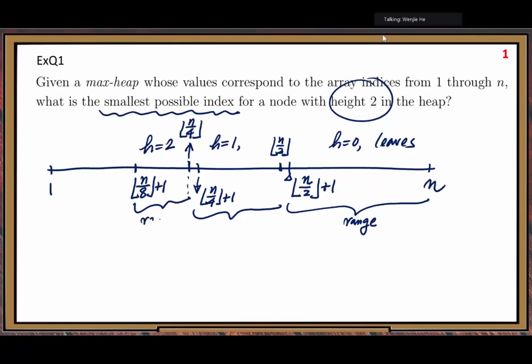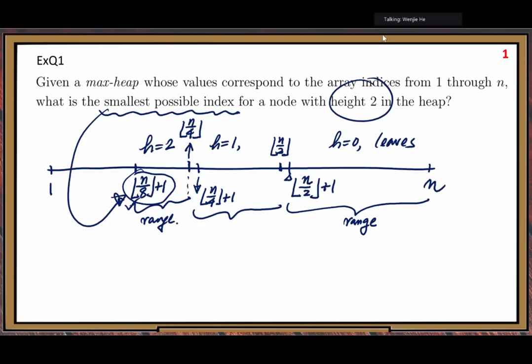That is the range. Now the answer: the smallest possible index is the index number at the leftmost end of the range for height 2. That's the answer.